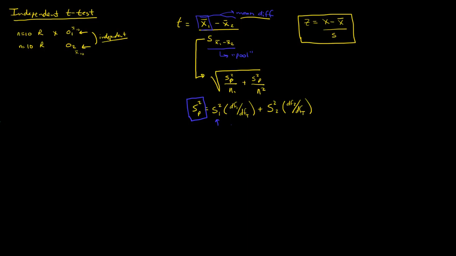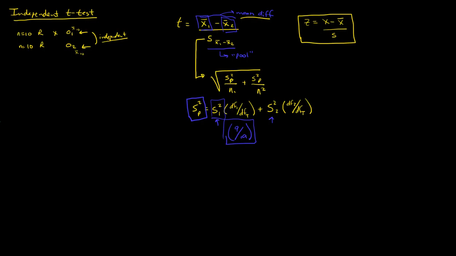And so in this particular case, you're going to be looking at 9, which is group 1's degrees of freedom, divided by the degrees of freedom total, which is 19, right? So you'd be weighting whatever this term is and multiplying it by this term right here. And then to that you would add the actual calculated variance from group 2 here, and then weighting it by its degrees of freedom divided by the degrees of freedom total.